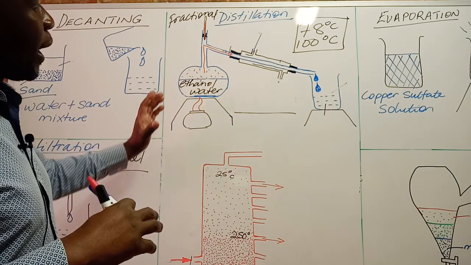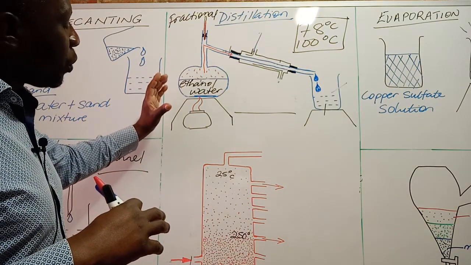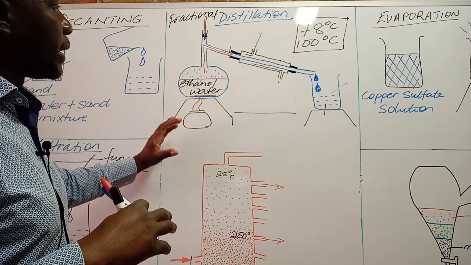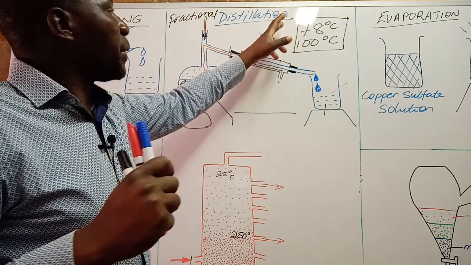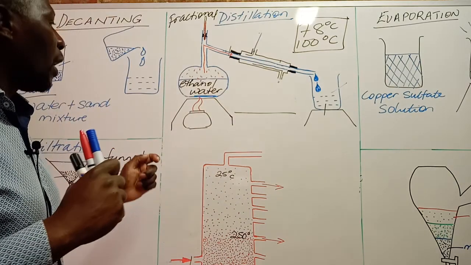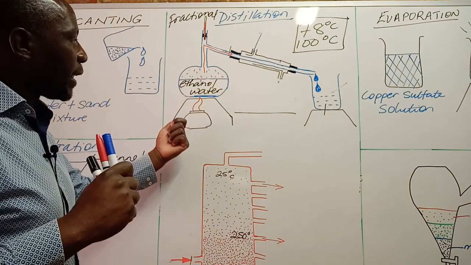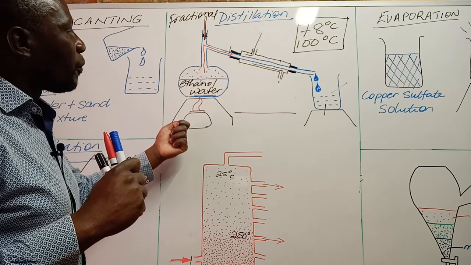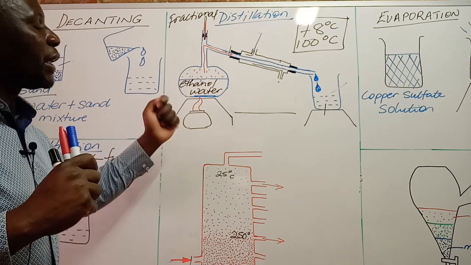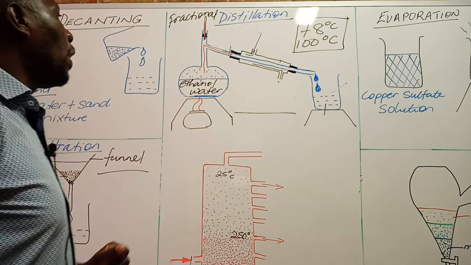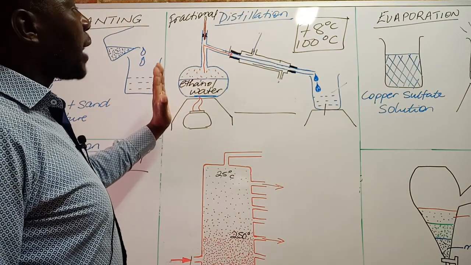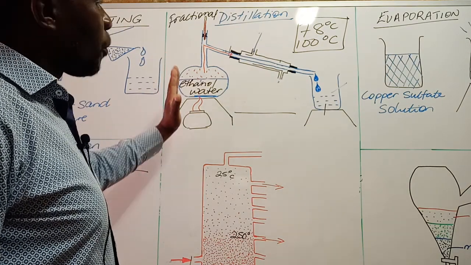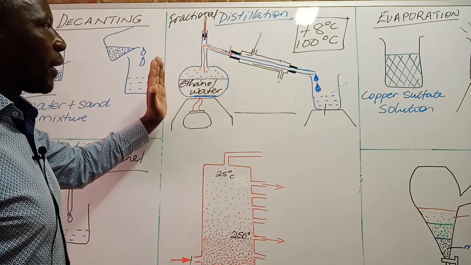So the ethanol and water solution is heated. Now that we know that ethanol boils at 78 degrees Celsius, we gradually increase the temperature of our heat until 78 degrees Celsius. When we reach the temperature of 78 degrees Celsius, ethanol will turn from liquid into gas.